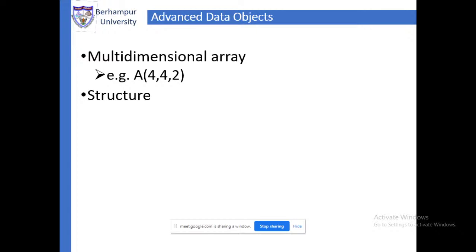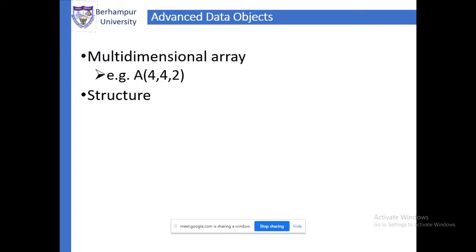Similarly 1 to 12, all separated by semicolons, that will be a 4-dimensional array. So you can have n-dimensional arrays. So this is an example: element number 442 is an element in a 3-dimensional array. So you can have multi-dimensional arrays easily here.